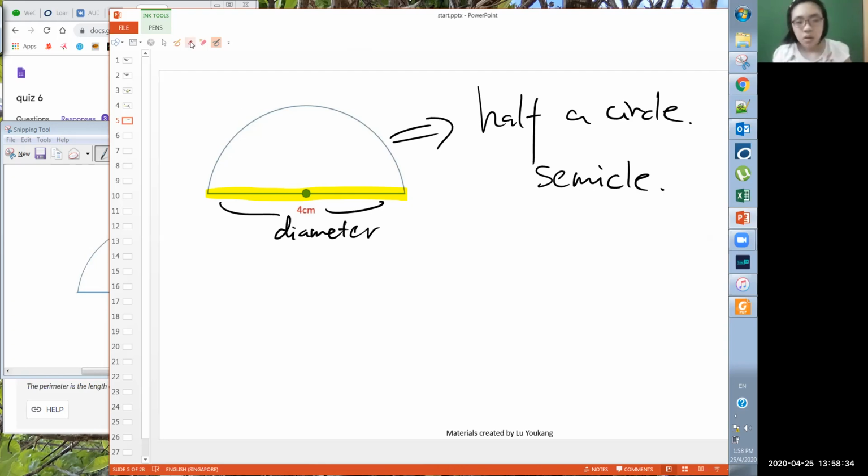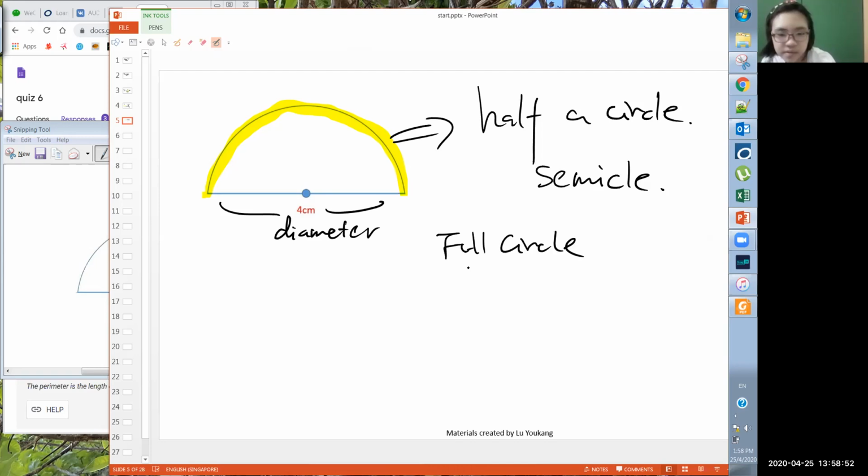Can I ask you, how do you find this length? Find the full circle, and then divide by what? For this, there are only 2 lines.